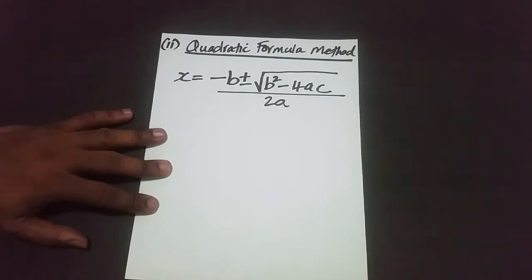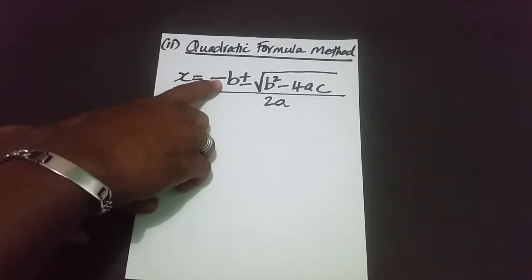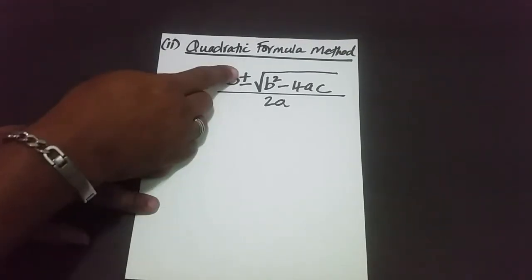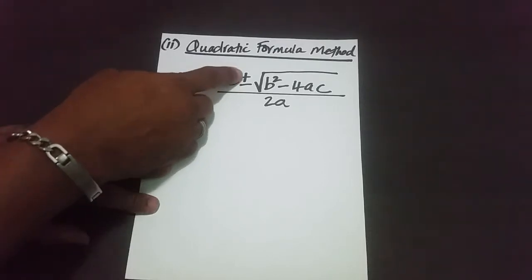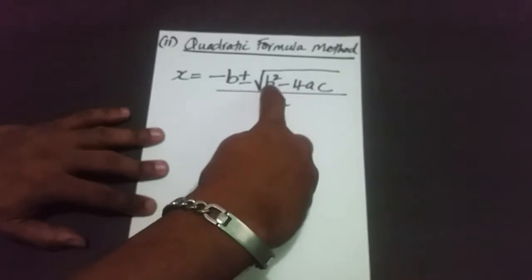Now, I'm just going to point out 3 particular areas where students make errors before we actually get into solving the quadratic equation. Just know that there's a minus here in the formula, and the plus and minus here is what is going to give us the two answers. And you have to be careful with inside here as well.